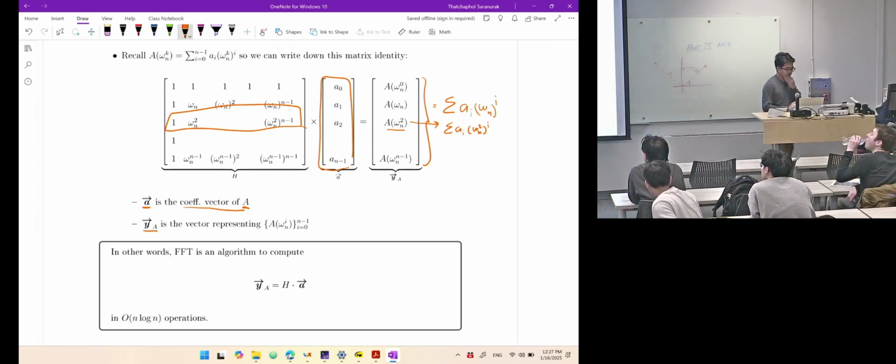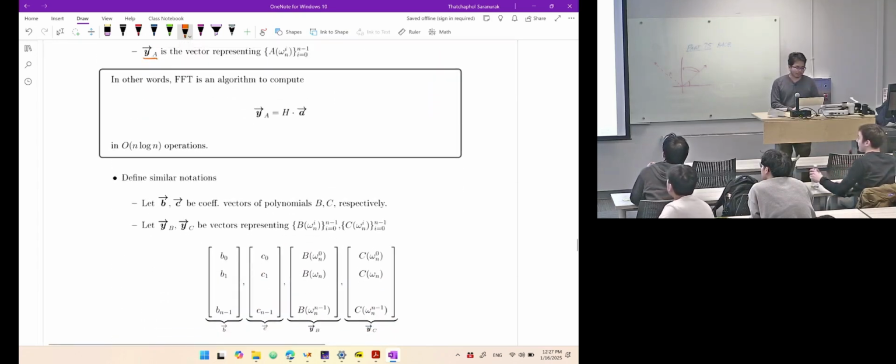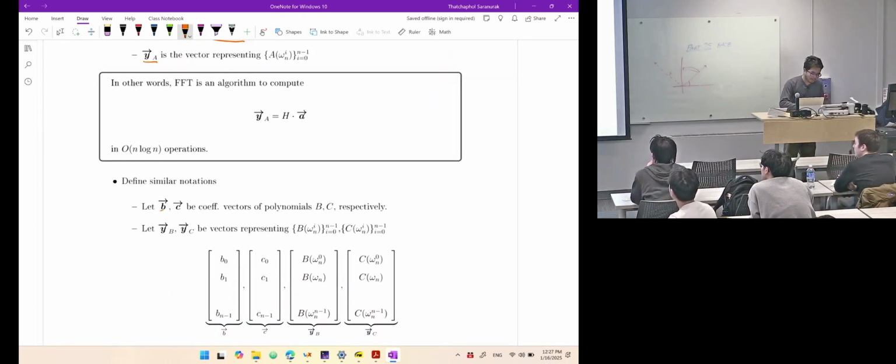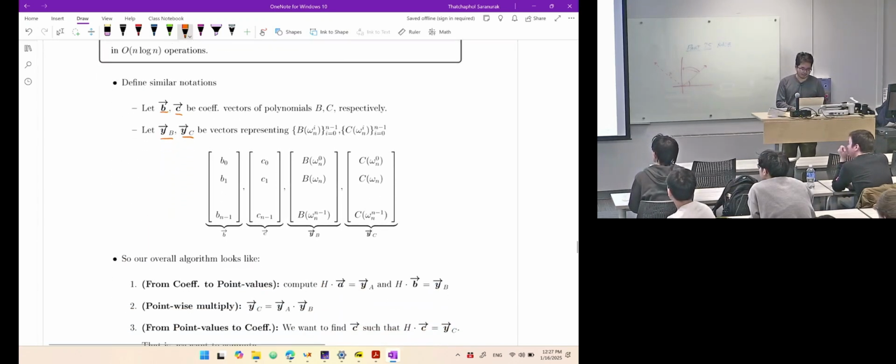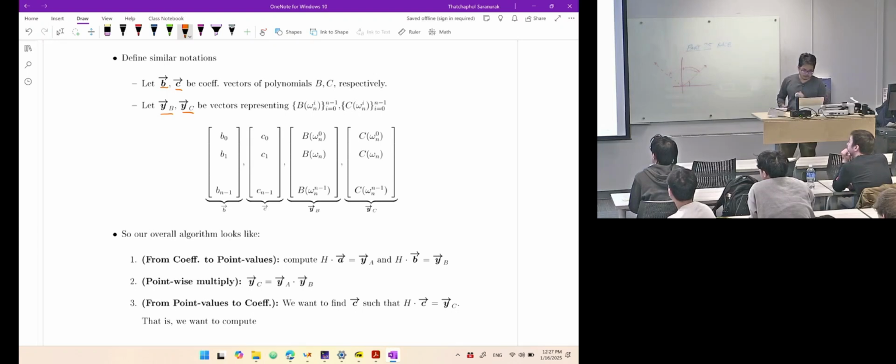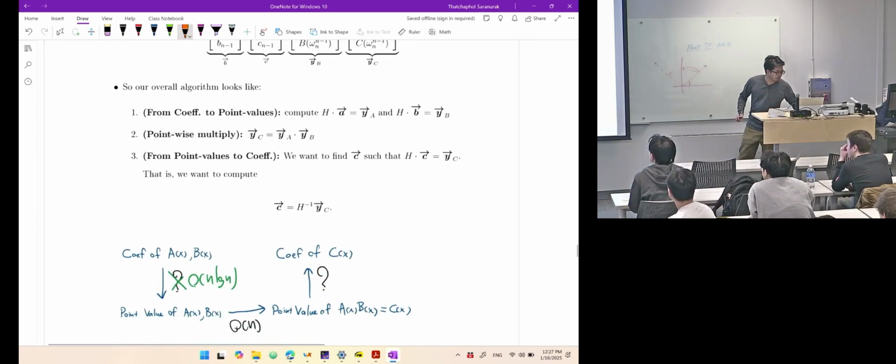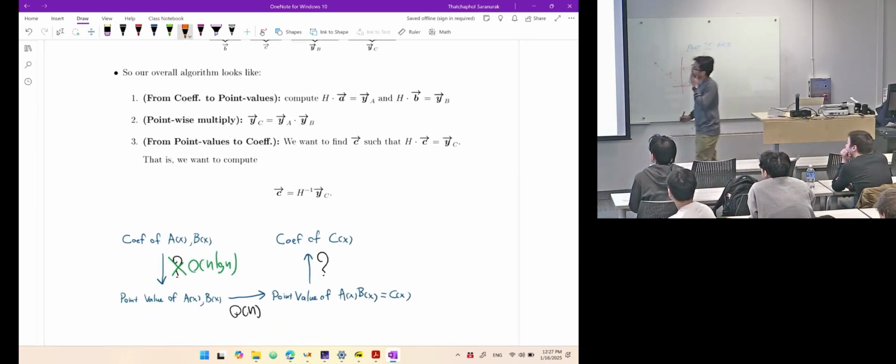Okay. So with this view in mind, I can also define a vector B and C and YB and YC in a similar way, right? And now we can see that the three-step strategy that we want to do can be written in this way.